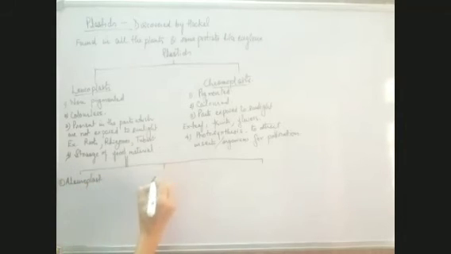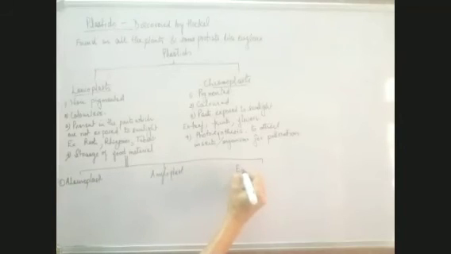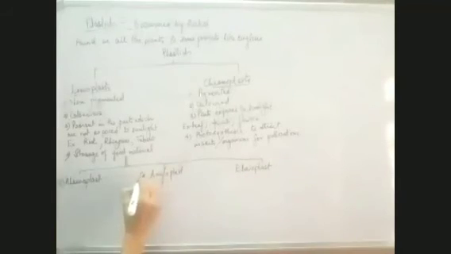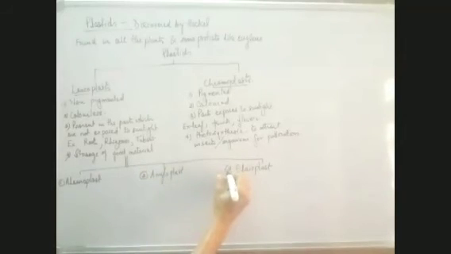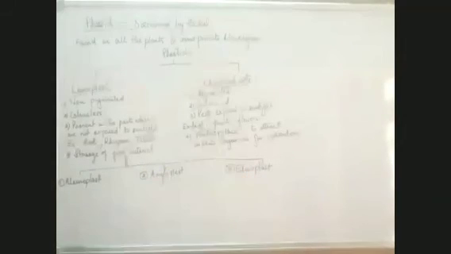The second one is amyloplast. And the third one is elaioplast. So we have three types of leucoplasts: aleuroplast, amyloplast, and elaioplast. Now, what is the difference between the three?